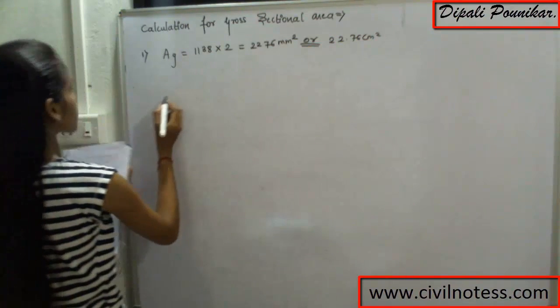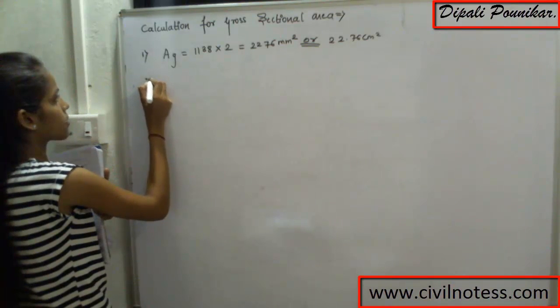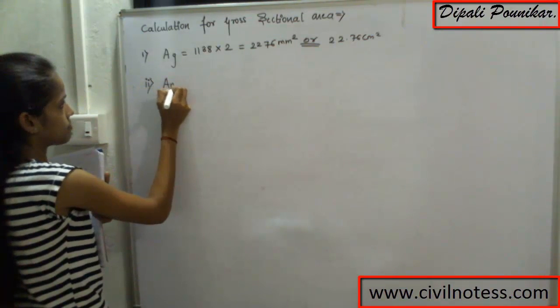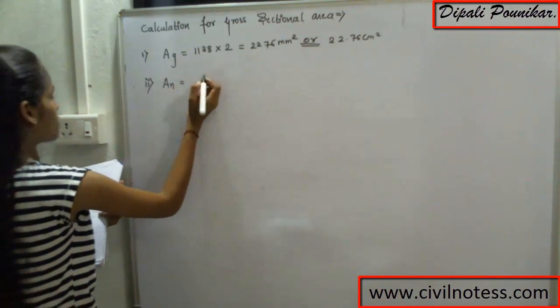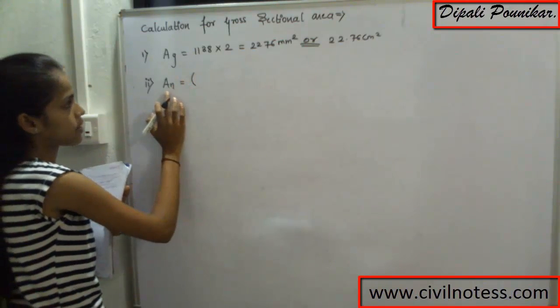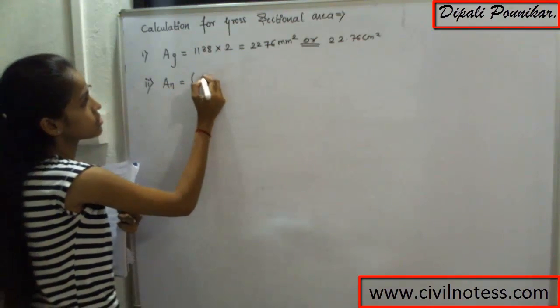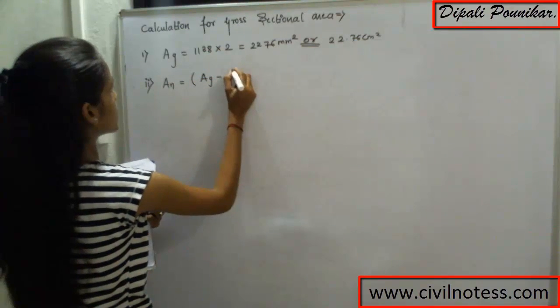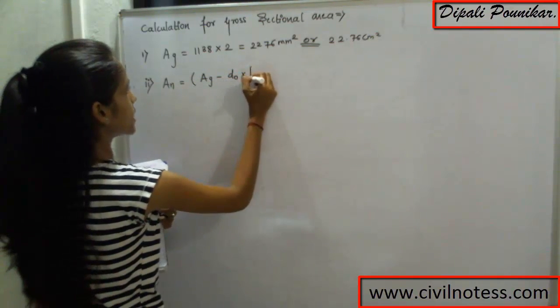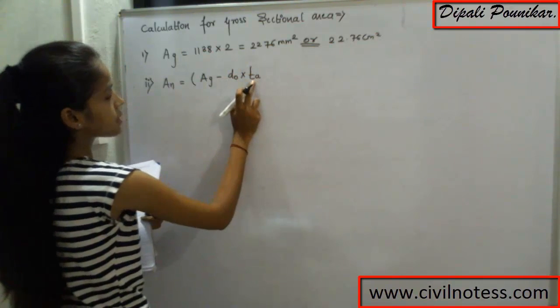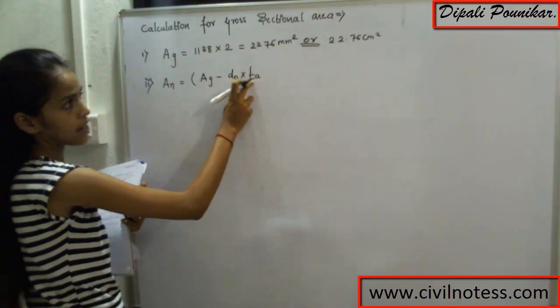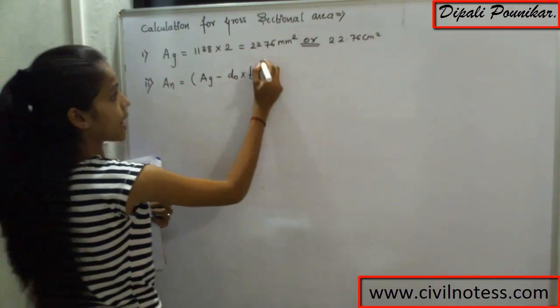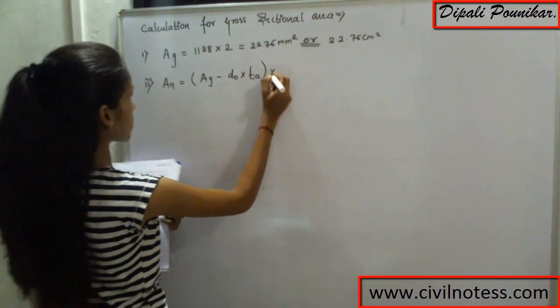After that, we have to calculate the value of AN. The formula for AN is AG minus D0 into TA, where TA is the angle thickness, multiplied by 2.